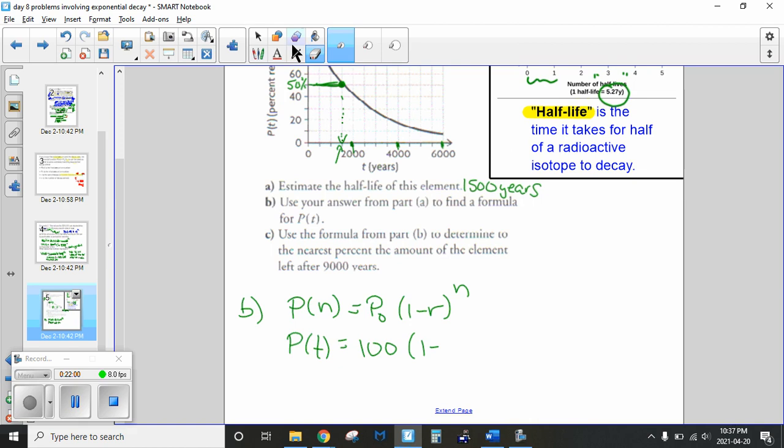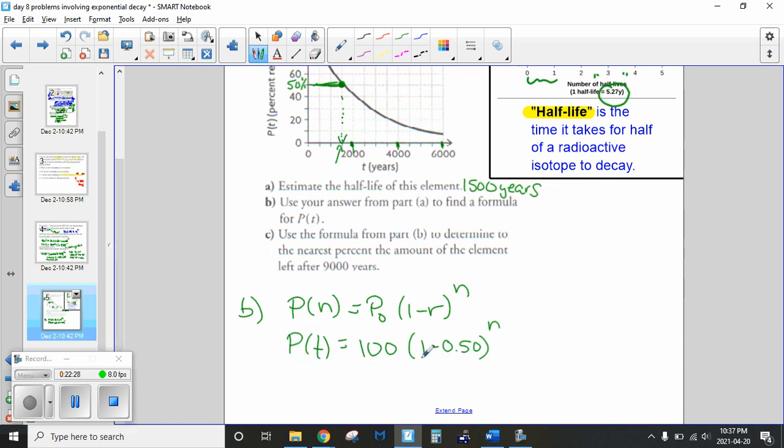We're losing 50% each time, or half. And this is time. Actually, I'm going to be a little bit weird. I'm going to leave this as n, the number of decay periods, and I'll explain in a second why I've done that.